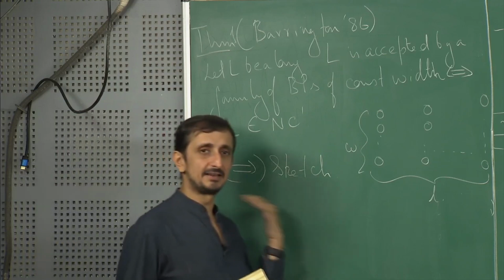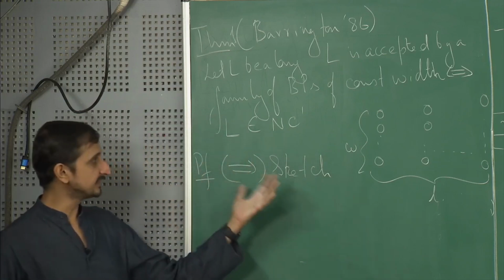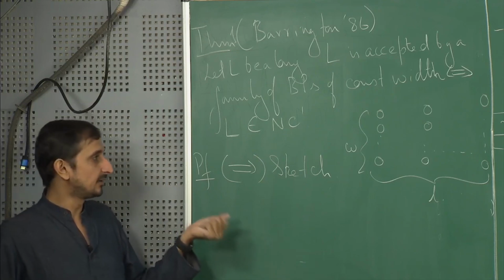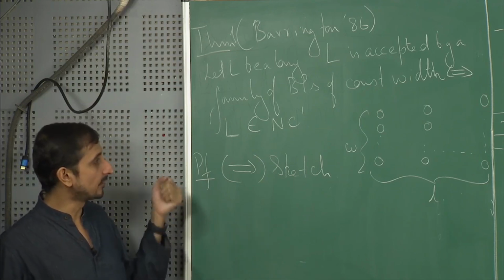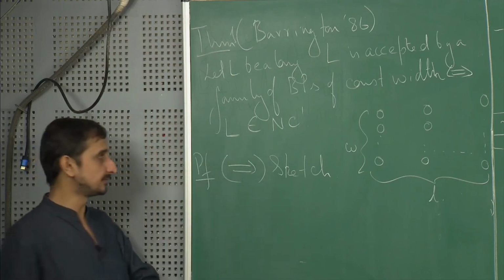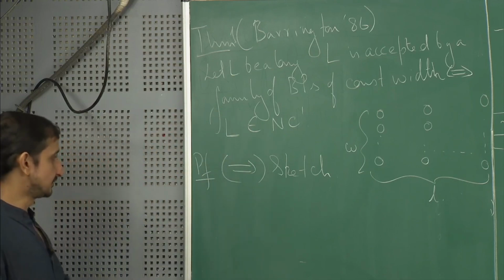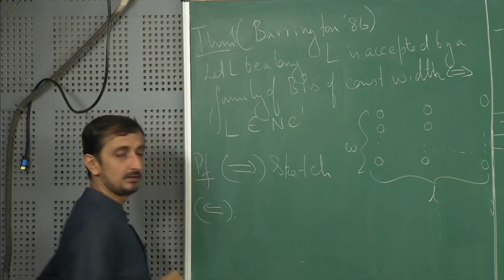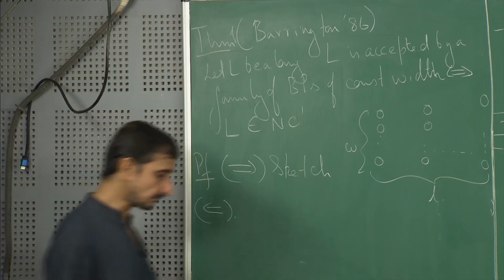But what about the reverse direction? As I said, functions in NC1 can be so complex that it was counterintuitive, and not believed, that there could be constant width branching programs for those functions. So how does the proof go in the reverse direction?